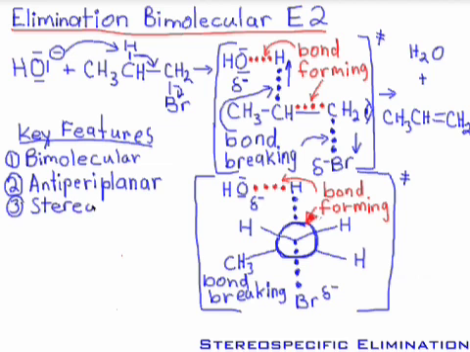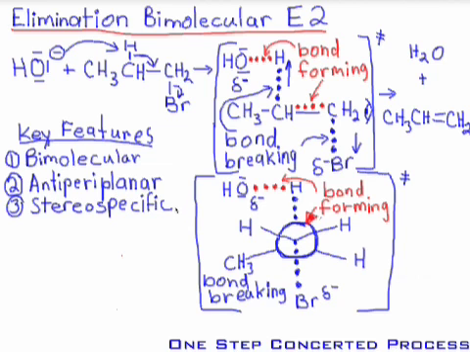In the E1, we said it wasn't stereospecific, so this begs some explanation so that we might define what stereospecific means and then examine why this would be stereospecific. The key feature of stereospecificity is a direct result of the antiperiplanar requirement of the elimination. And we'll show that in a little while.